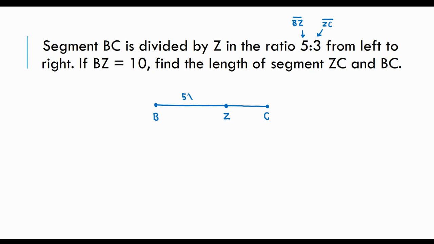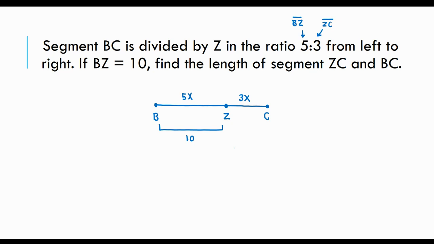So I'm going to put an x at the end of each of those numbers in my ratio. And so BZ is really 5x and ZC is really 3x. It says BZ is 10, so I know that this length is 10. They want us to find the length of the segment ZC and then that entire length of BC.